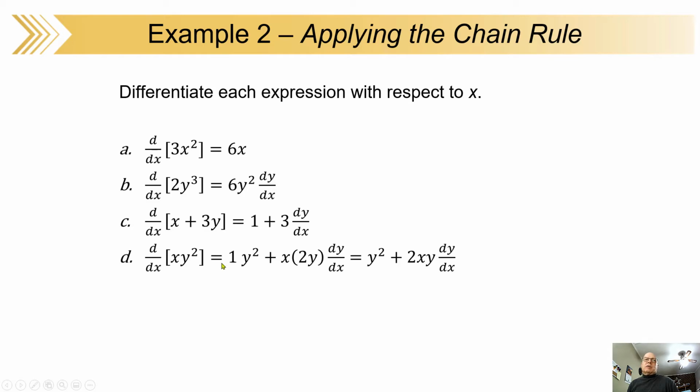We need the product rule. There's the derivative of x. Leave the y squared alone. Leave the x alone. Take the derivative of the y squared. 2y, since we're taking with respect to x, the derivative of y itself is dy dx. Just a little bit of cleanup at the end here, moving that 2 out to the front, and we write our derivative like this.